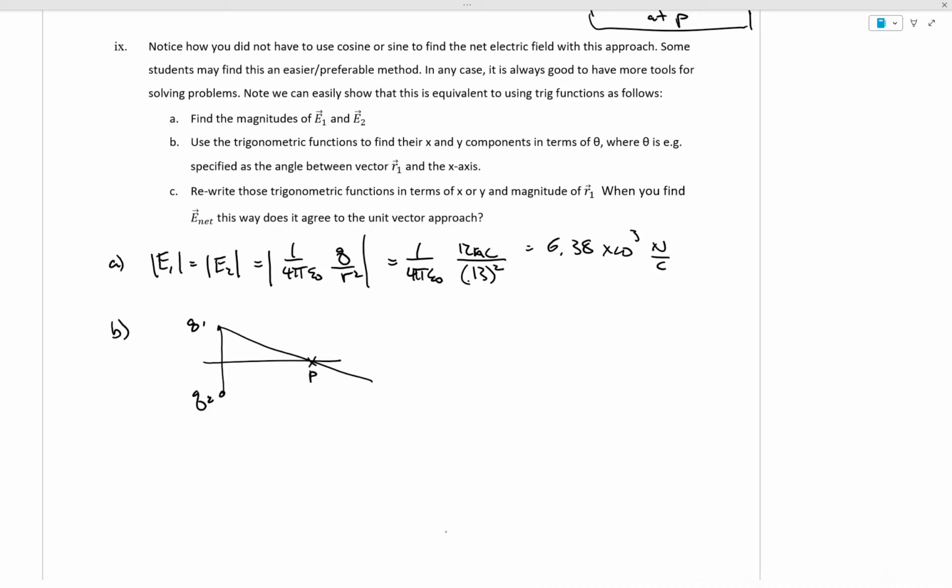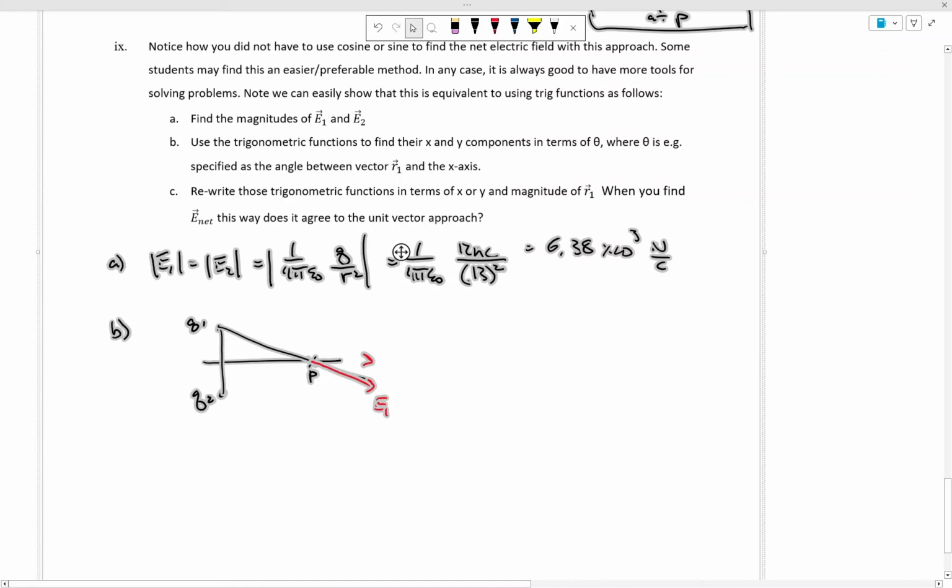So for example, if we were looking at E1, E1x would be here. E1y would be here. So we could define theta like this. It's probably the most convenient place to put it.